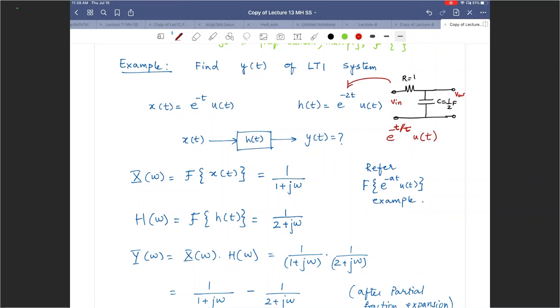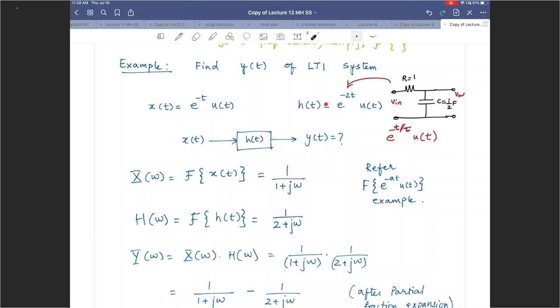If I give it an impulse, e to the minus t divided by tau, where tau is R times C for an RC filter. Anyway, coming back to this. This discussion is going to make more sense for the people who are electrical engineers and who have taken circuits. But that's not necessary for us to go forward.